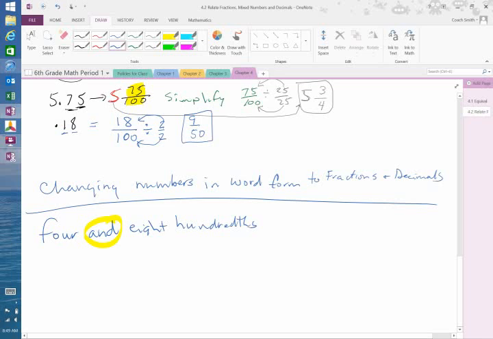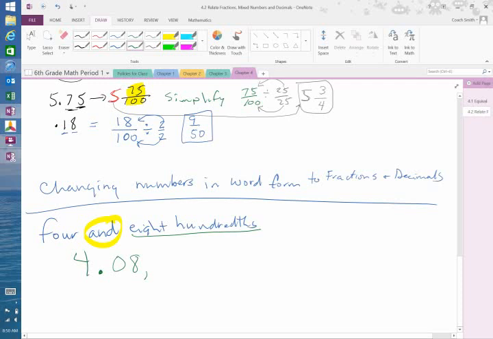So that gives me 4, decimal, 8 hundredths, so the rest of my number is 0.08. So 4.08 is the decimal. Now I need to change that decimal to a fraction.